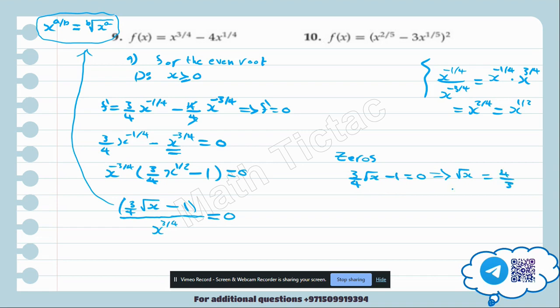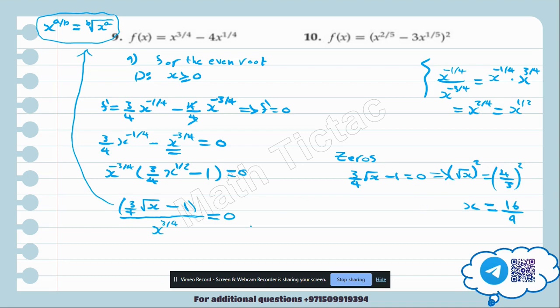So now square both sides, which is going to be x equal to 16 over 9. So this is the first zero.